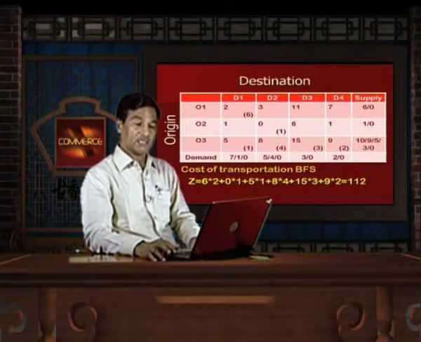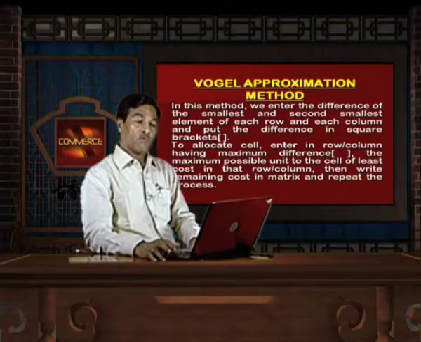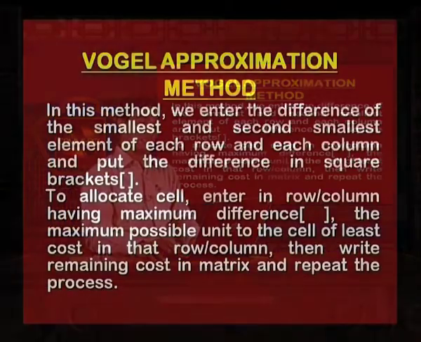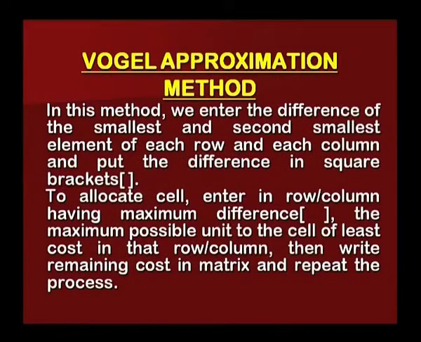Now, we will discuss the fifth method of finding a basic feasible solution, that is the Vogel approximation method. In this method, we enter the difference of the smallest and second smallest element of each row and each column and put the difference in square brackets.